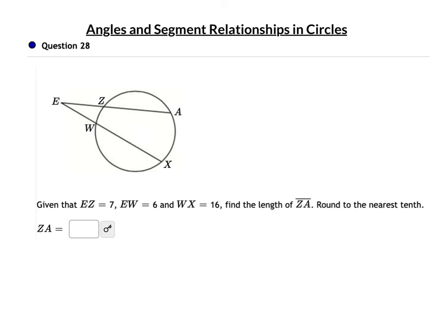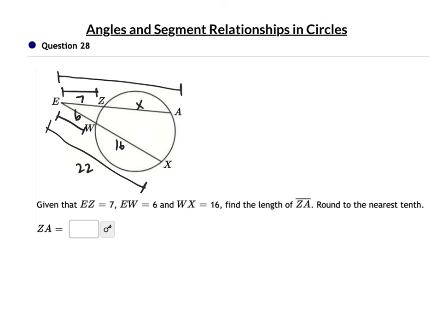Question 28. Related to the last example, this one says that the whole length times the outside piece equals the whole length times the outside piece. Two secants. This is 7, and EZ and EW is 6. WX is 16, which makes the whole length 22.